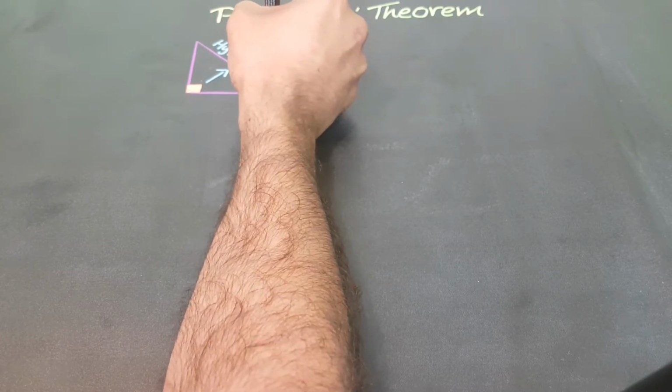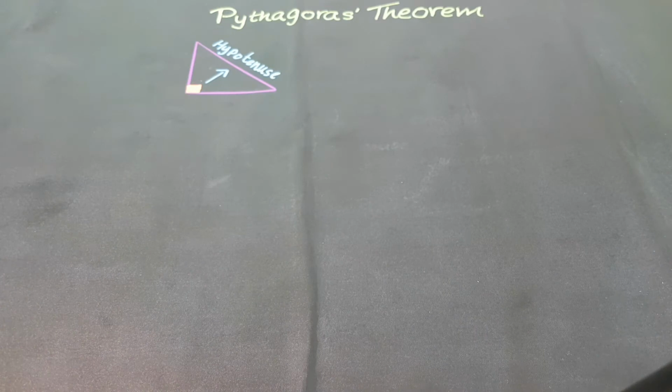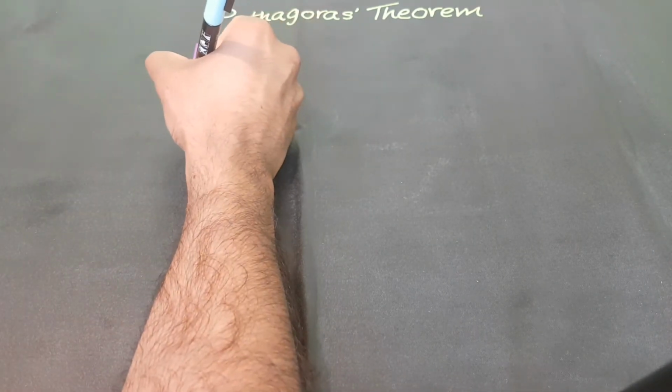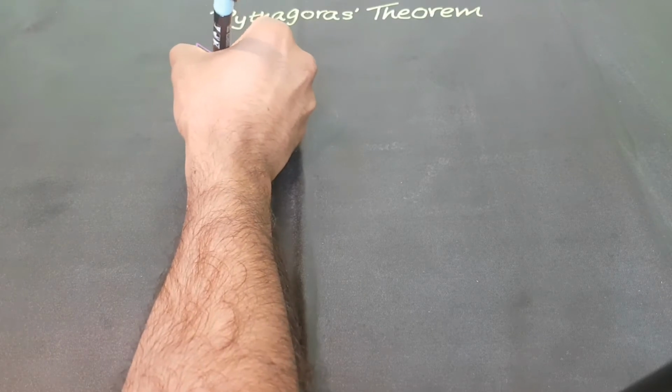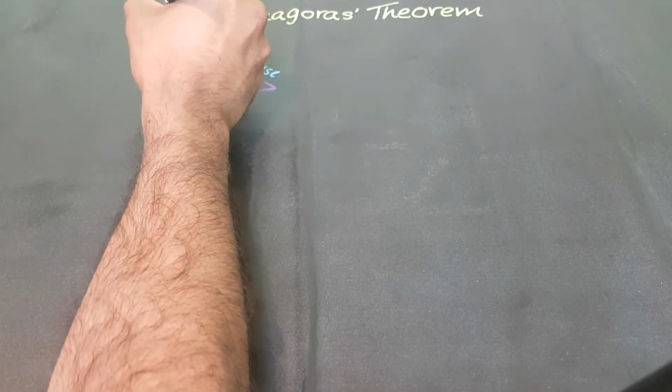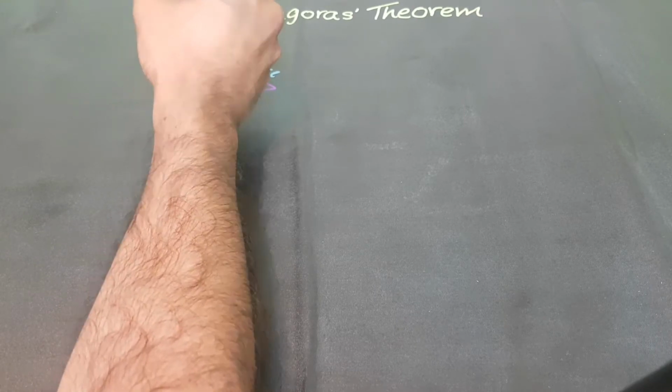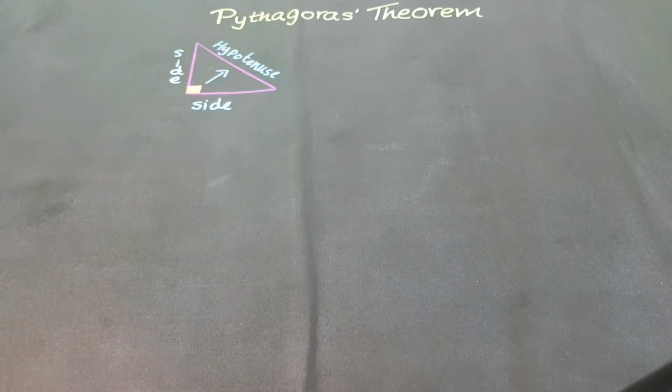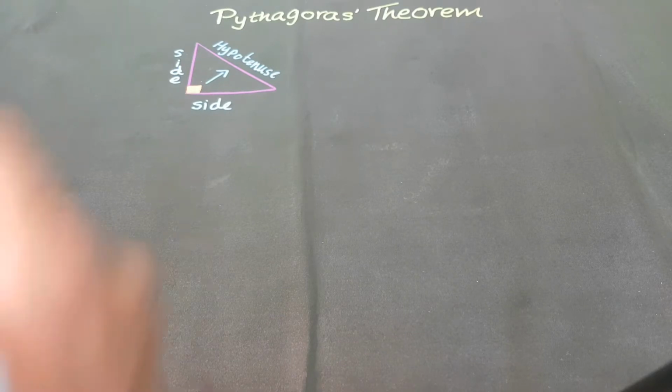Alright, so the Pythagoras theorem basically states that if I call this side a regular side and this side also a regular side, a normal side, just a plain simple side.